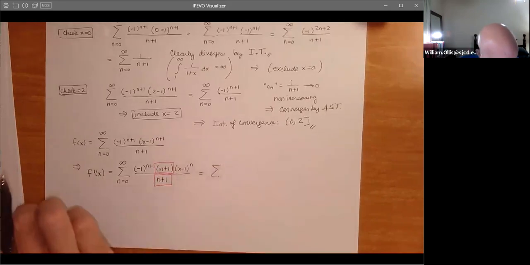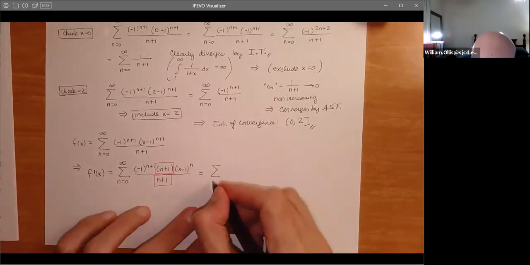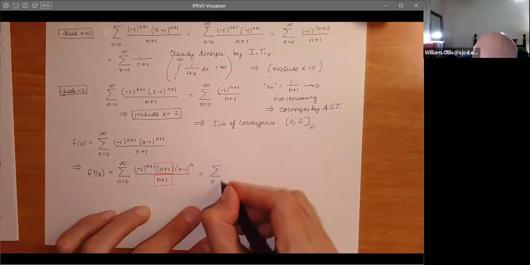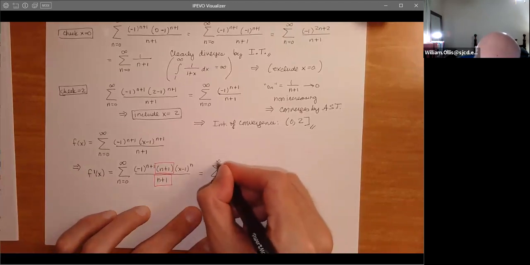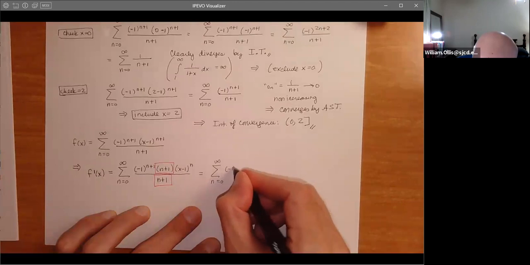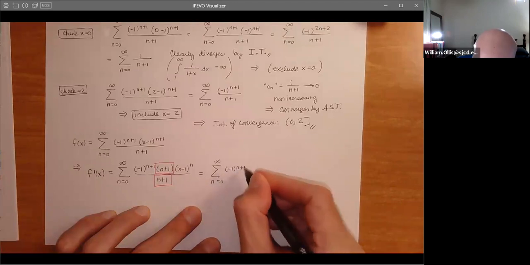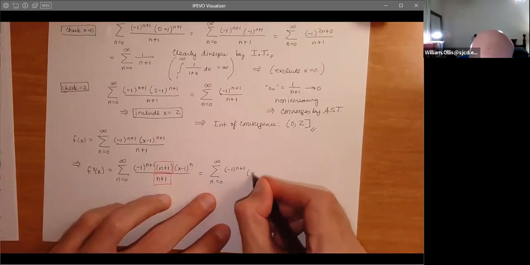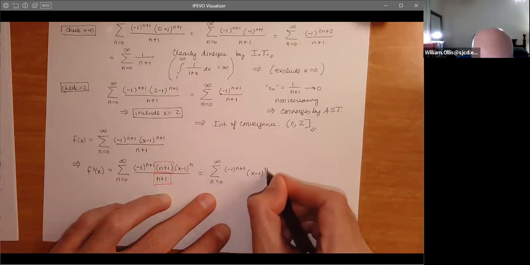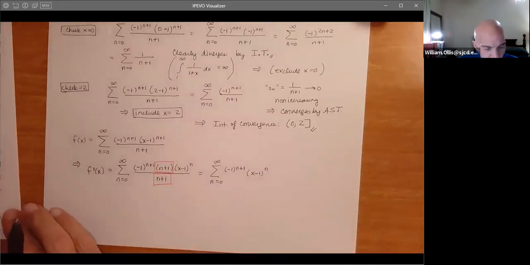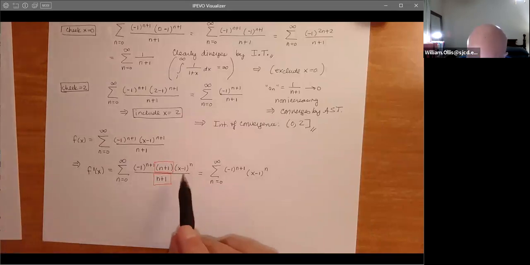So we get n equals 0 to infinity, -1 to the n plus 1 times x minus 1 to the n. Now, here's what's interesting about this particular series here.